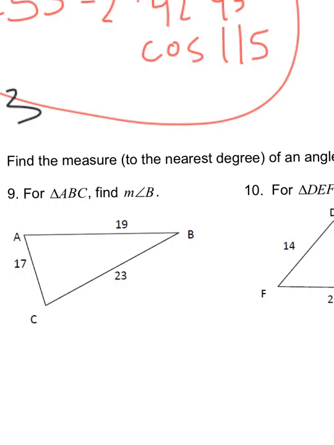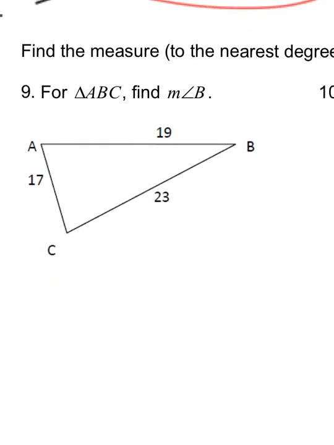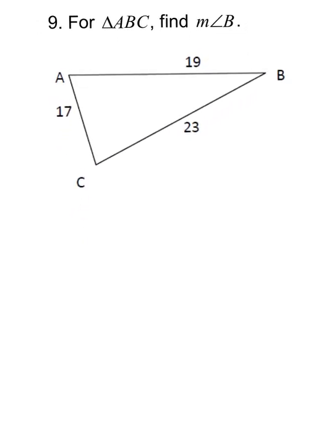So this time we've got to figure out the angle measure. So this one's a little more steps here. If I'm trying to figure out angle B, I'm going to use a squared equals, where the one that's by itself is the one that's opposite of the angle that you're trying to figure out.